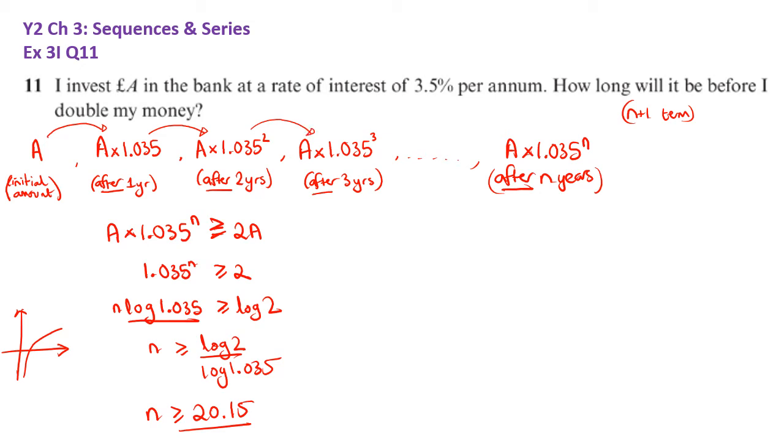I'm looking for n to be 20.15 before it's doubled. So that's sort of during my 20th year, during my 21st year, really. So n is 20.15, but we'd be looking for during the 21st year, would be when I would double my money.